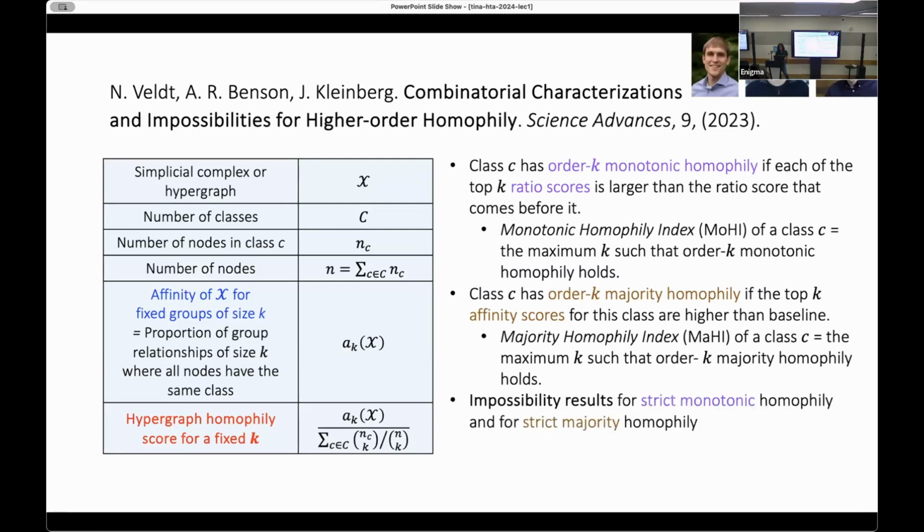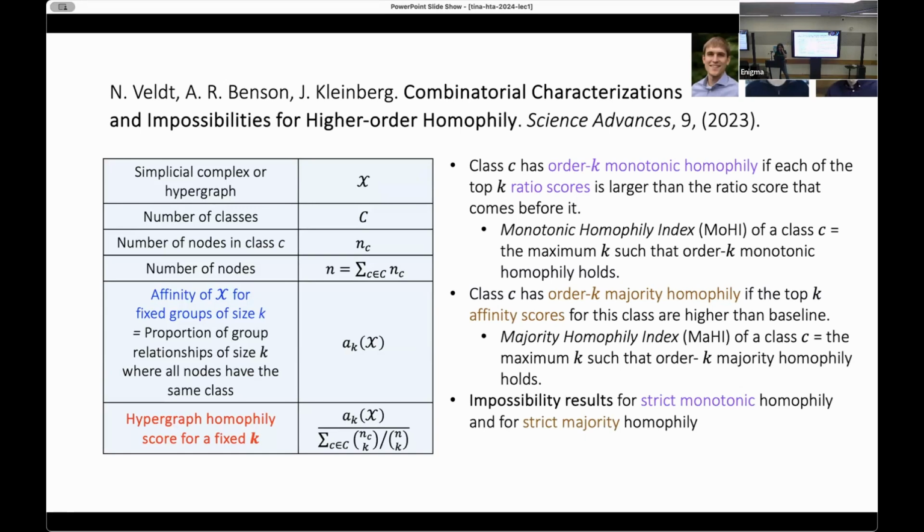Then they prove this impossibility result that you cannot have strict monotonicity when it comes to homophily, which you probably already guessed, and you cannot have a strict majority. And again, majority is just looking at the difference between the affinity score and the baseline, which is what you would see in a random system.